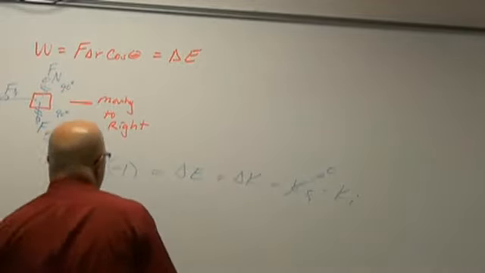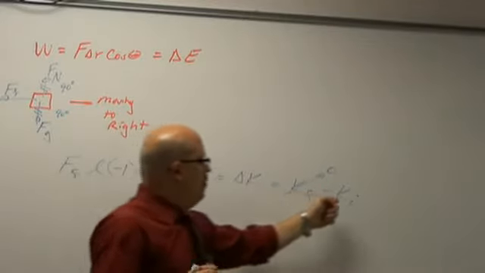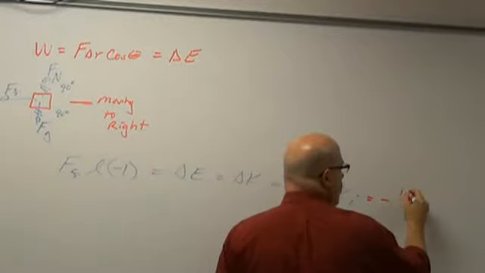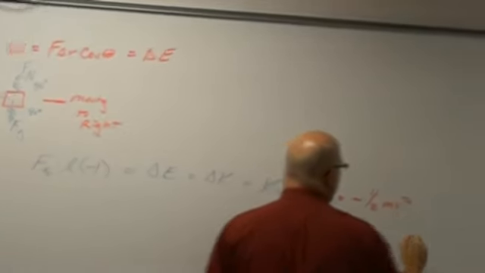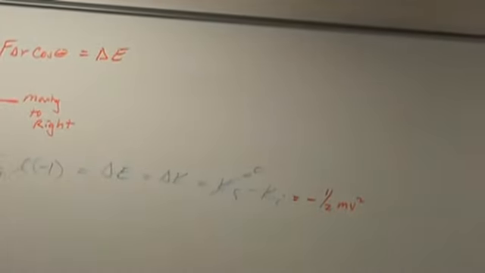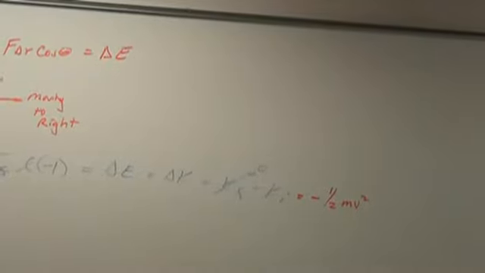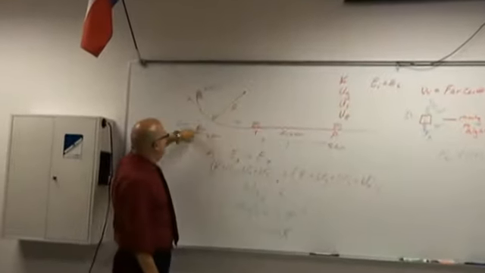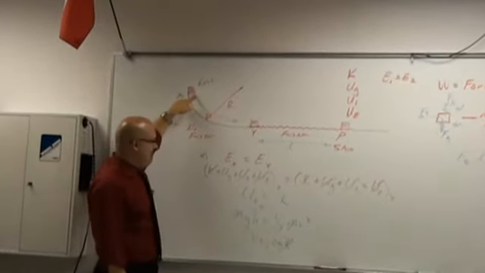Okay, now. This is going to be then -1/2 mv squared. Or does somebody have a quicker way of writing what that initial kinetic energy is? Equals potential. Negative. Yeah, does anybody see it? The kinetic energy it has here is the same as the potential energy it had here, right?